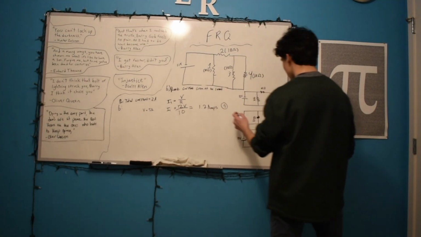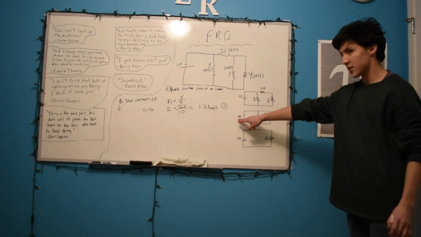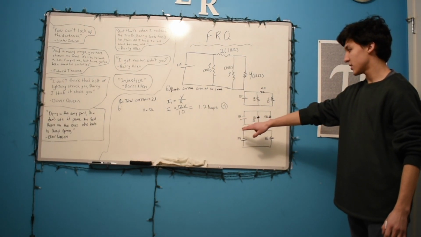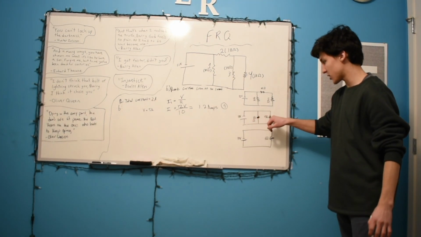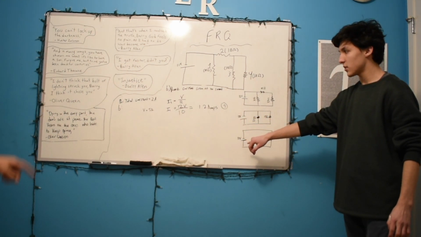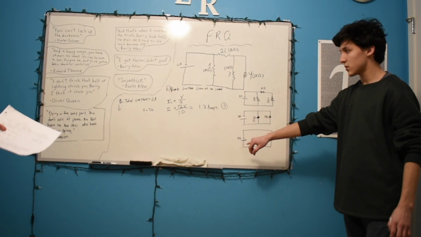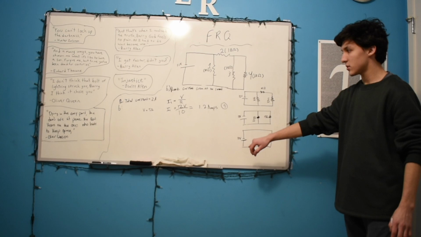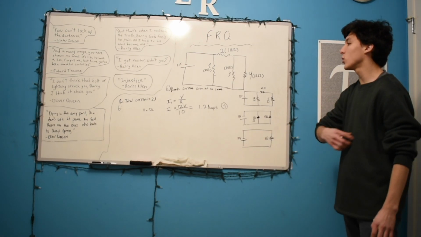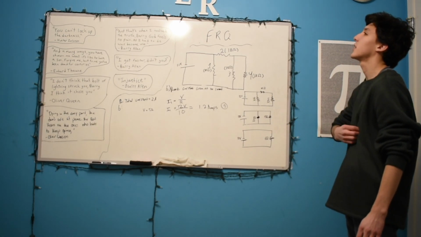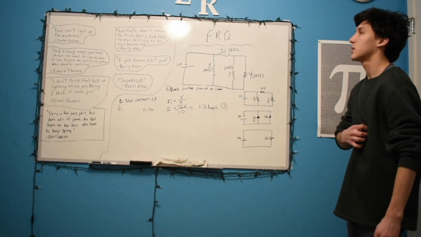So this plus the current of this should equal 12. No, sorry. I mean, the current of this plus the current of this should equal... that's the current. 12 is the voltage. Oh, the total current, which we just found in the last part.